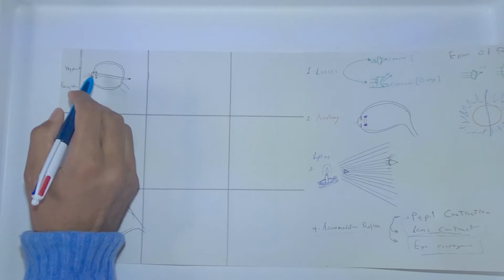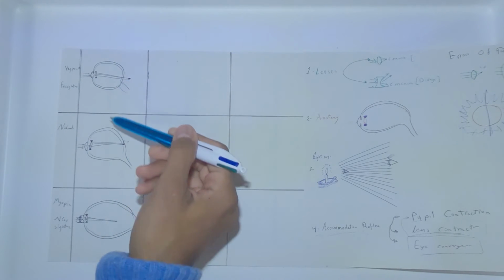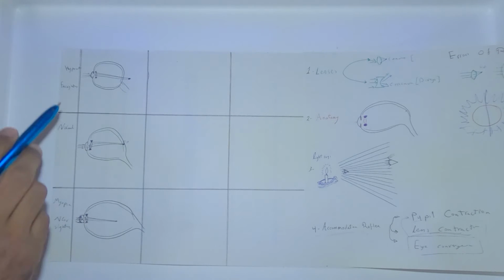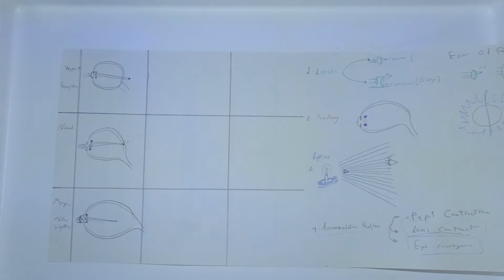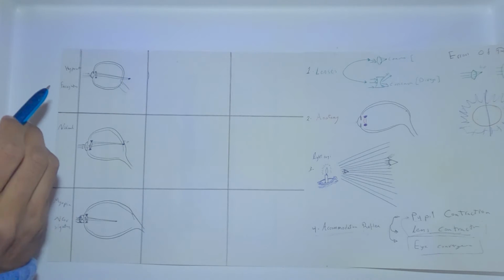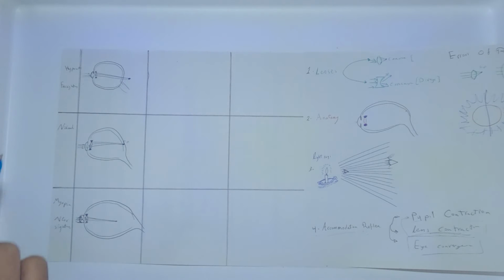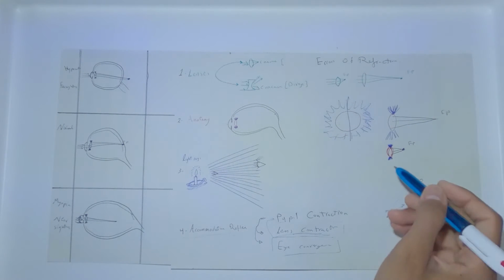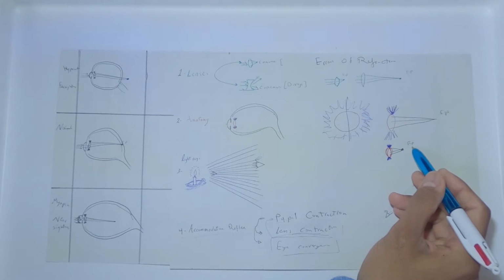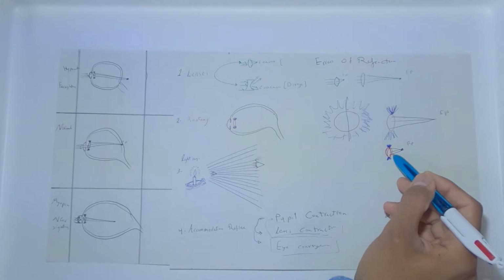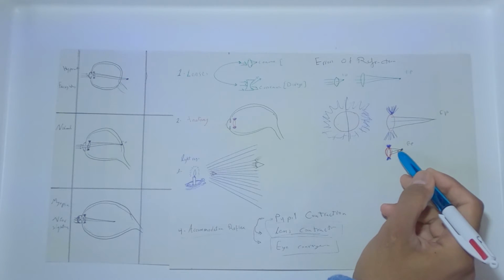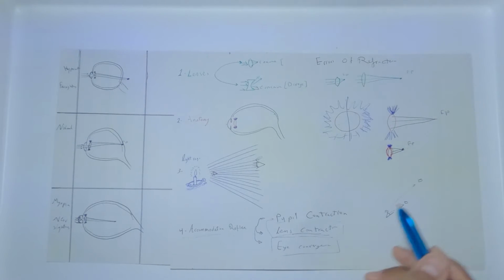So in hypermetropia, remember that when we were describing the types of errors of refraction, we said that all these tests or all these descriptions are with the ciliary muscles relaxed. So what if you contract the ciliary muscles? What happens? Remember when we said if you contract the ciliary muscles, the lens becomes more rounded, hence it will be able to focus the light closer.